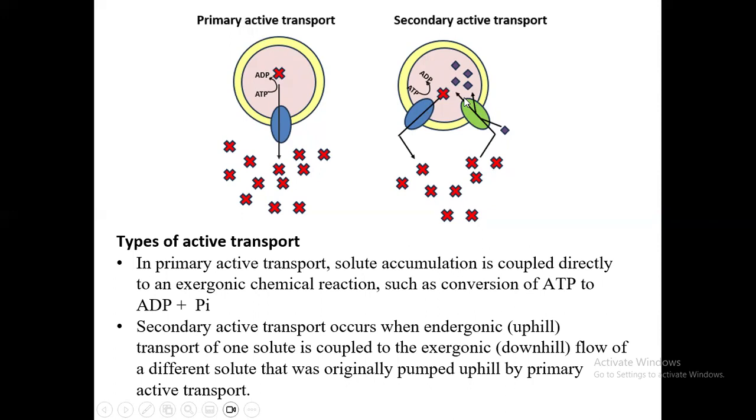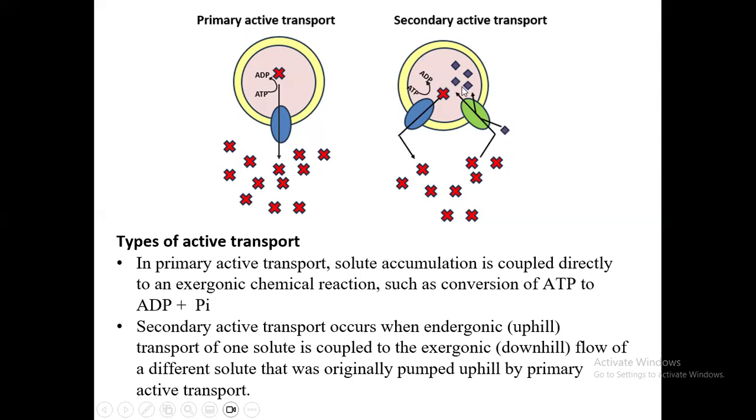Now we have certain transporters. In secondary active transport, these transporters will transport the metabolite X across the membrane back into the cell cytosol, and during the transport it will simultaneously also allow another molecule to be transported inside the cell.